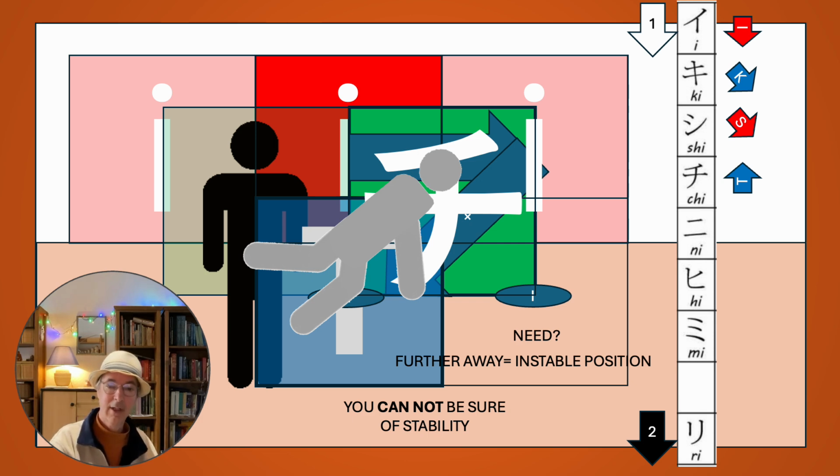So the idea is that the further away the placements are, in time or in space, the more you have to deal with the idea that positions in space are unstable. You cannot be sure of stability at all.